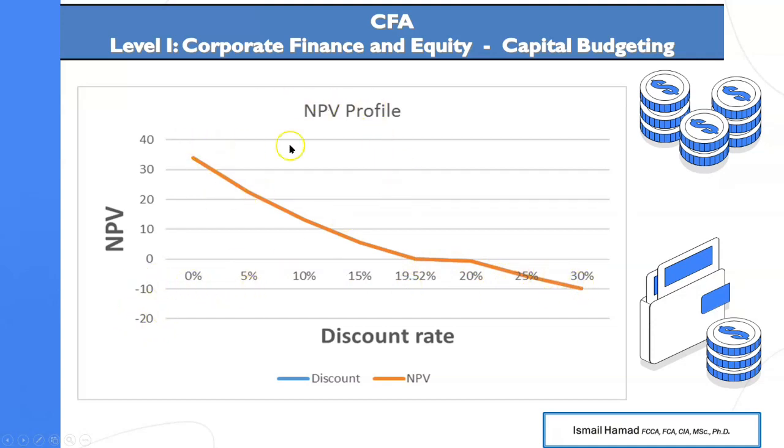This is what is meant by the net present value profile. We can see an inverse relationship between net present value and the discount factor. The higher the discount factor, the higher the cost of capital, the higher the required rate of return, the lower the net present value.